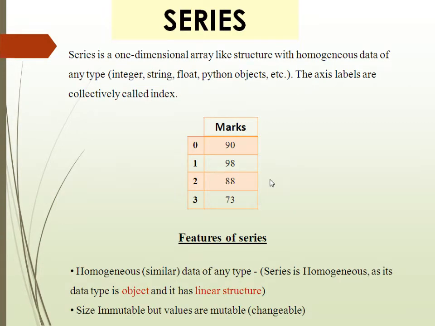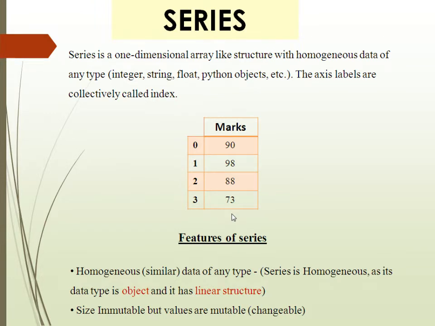Now about series. It is actually a one-dimensional array. Array means a group of consecutive values. Consecutive values means the values which are one after another, like a form of structure, and with homogeneous data of any type.